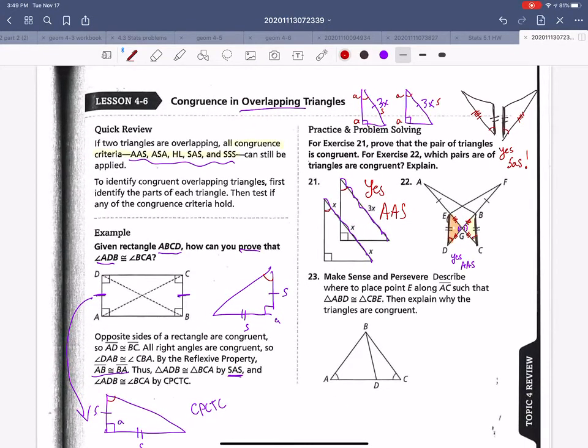23. It says, describe where to place point E along line AC. So where can I put point E along AC such that triangle ABD is congruent to CBE.